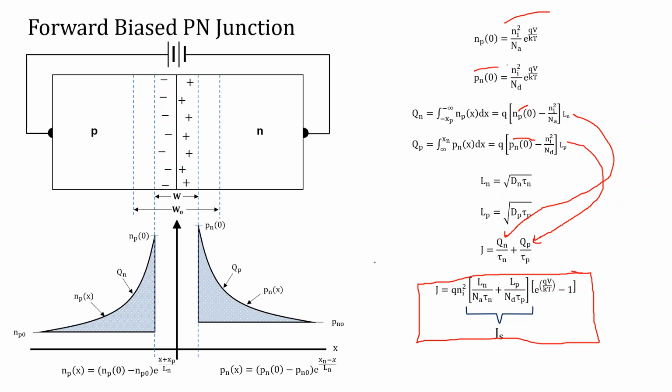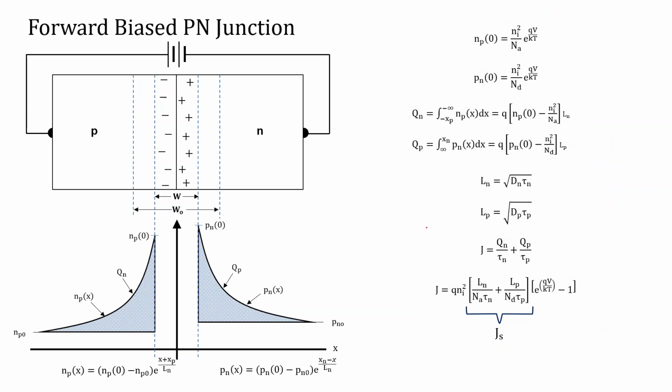So this is the exponential equation with respect to voltage, that the current density increases exponentially in the forward direction in the PN junction. So you are already familiar with this characteristic. You have studied it many times earlier in other courses.